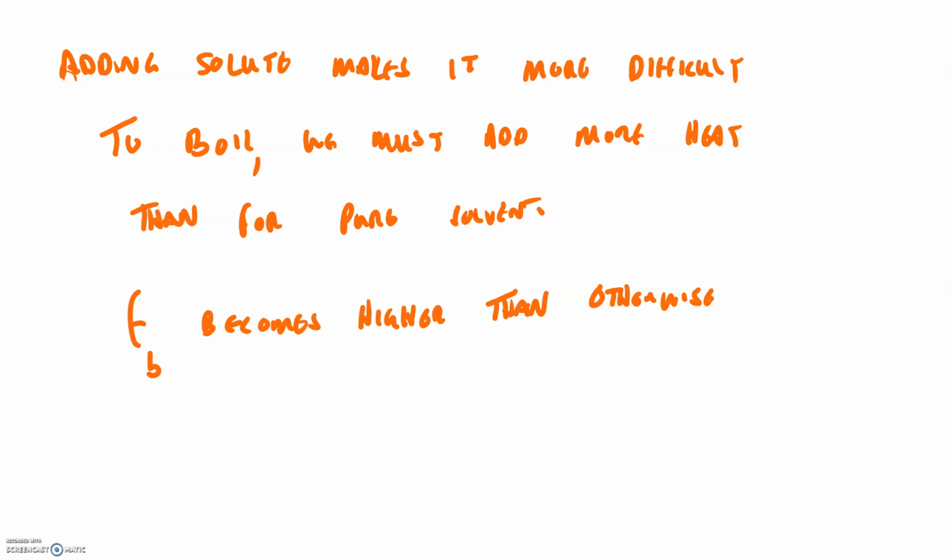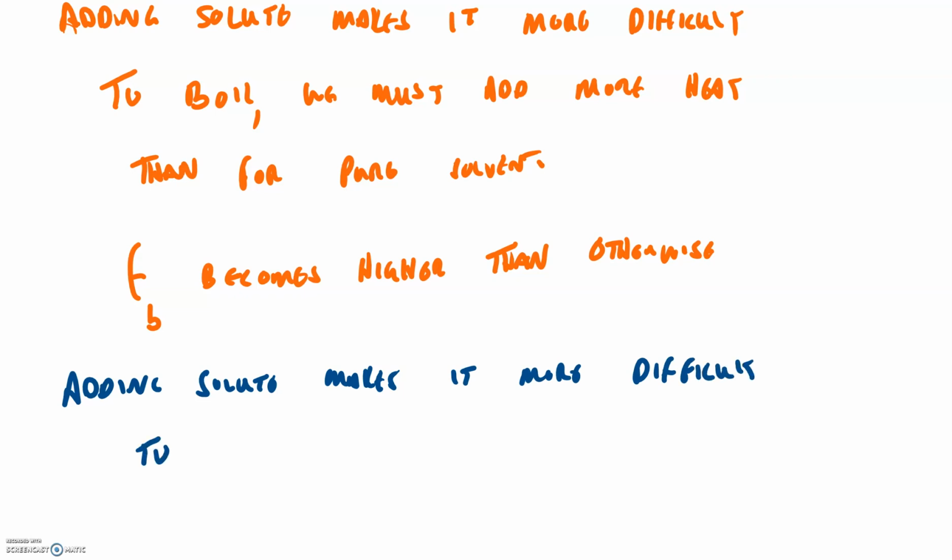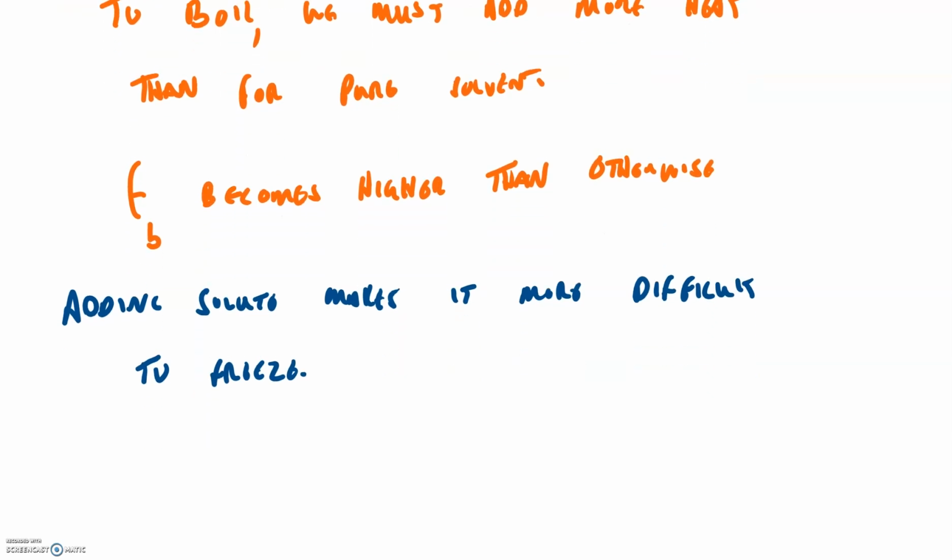It works the same way for freezing. Adding solute makes it more difficult to freeze, because water has to form those really close associations, and when there's stuff in the way, it just makes it harder.